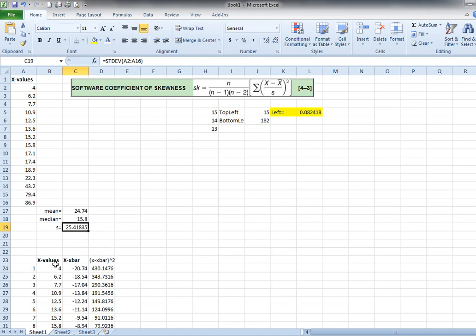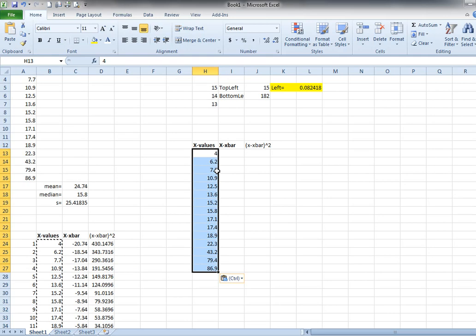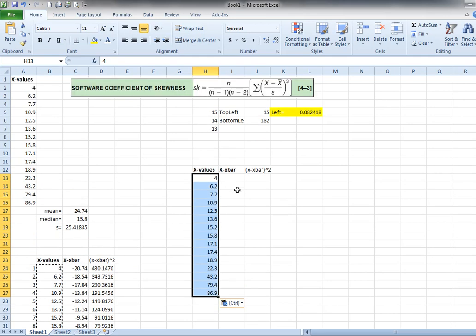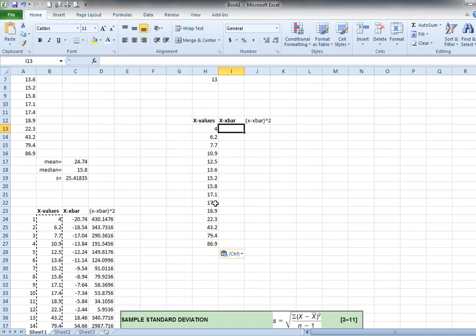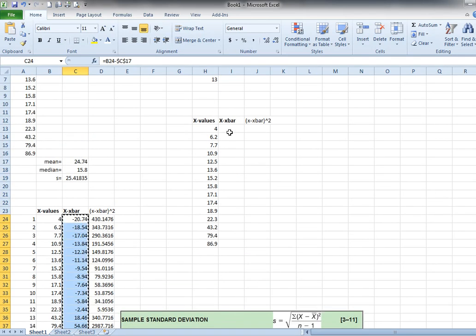So I'm going to do that same thing again, and I'm going to steal a little bit of this just to save a little bit of time, because this side of the formula says I take each one of my x values. So I'm just doing a copy and paste here to save a little time. Okay, so here's each one of my x values, and it says subtract from each one of those x values x bar, and so I did that here.